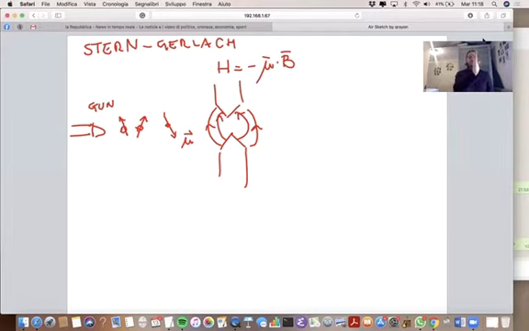You can put it vertically, horizontally, or in this direction, and any angle in between. So this magnetic field here can be changed. And you can place many of them in a row, for instance. Okay? And then, of course, you can put a screen or a detector here to see what happens to your beam.